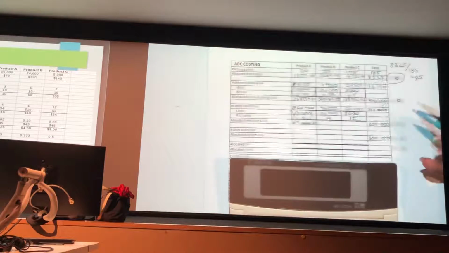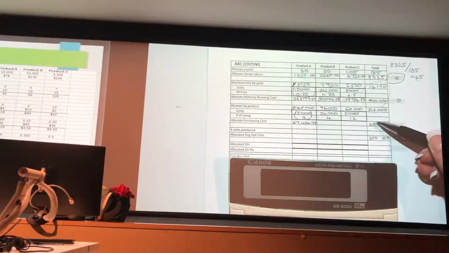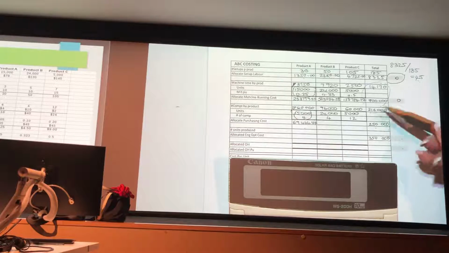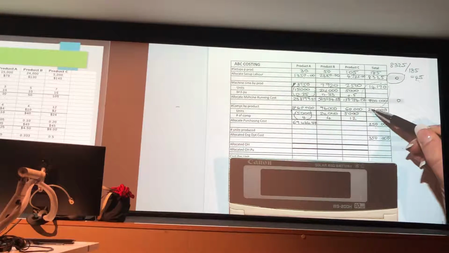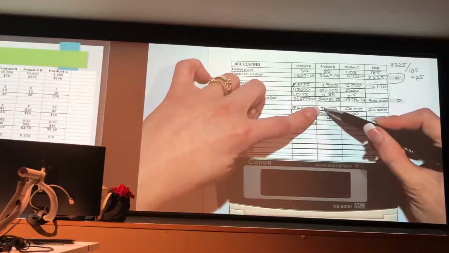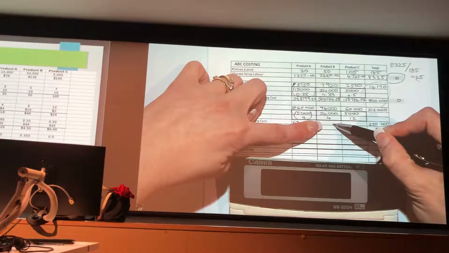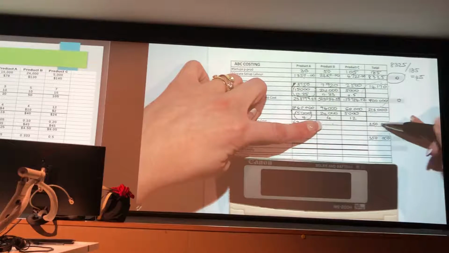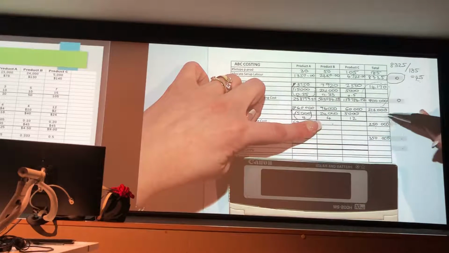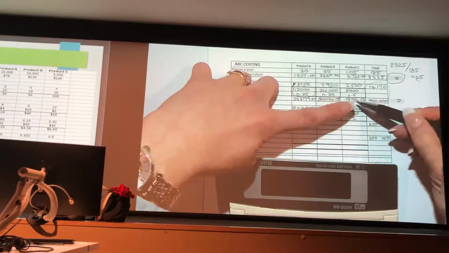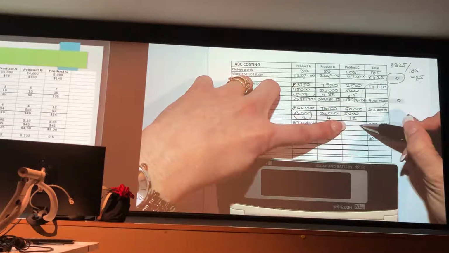Please do the other two. So it's 250,000 divided by 216,000 times 96,000 gives you a number. 250,000 divided by 216,000 times 60,000 gives you that number.